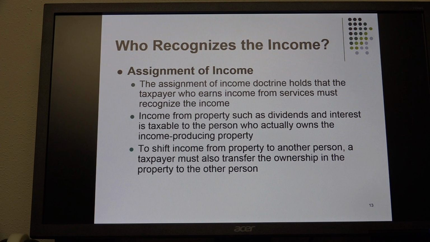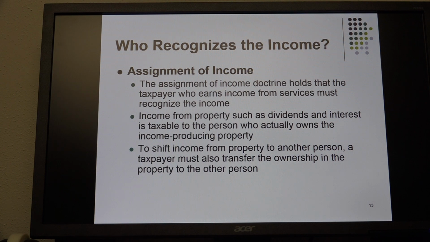Why is that not always wise to do? Well, many of these high income individuals, I mean, they don't get into a high tax bracket for nothing. They do it because they're successful and they make good business decisions.